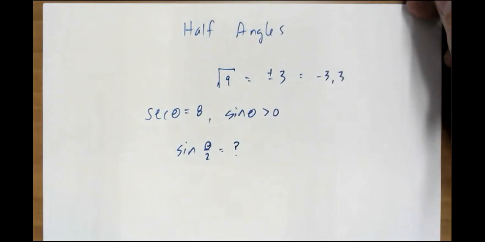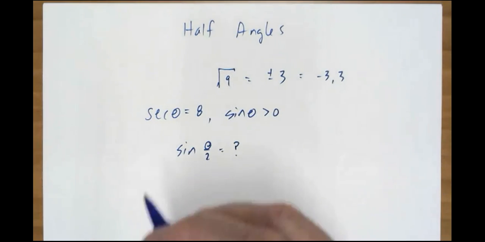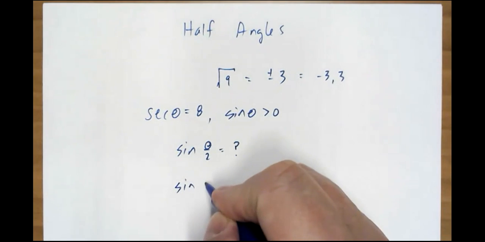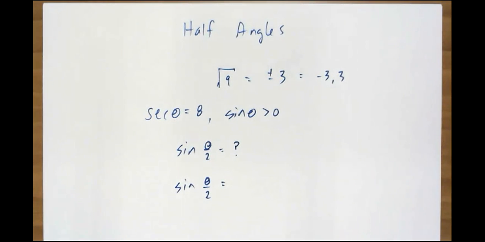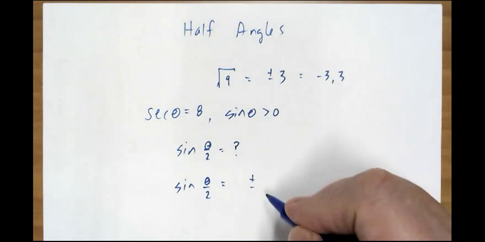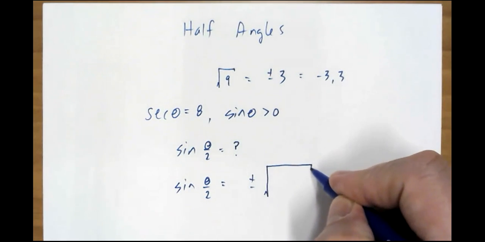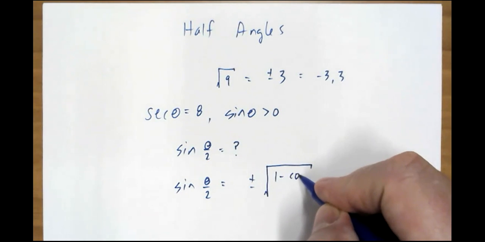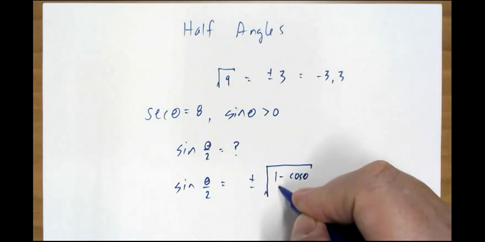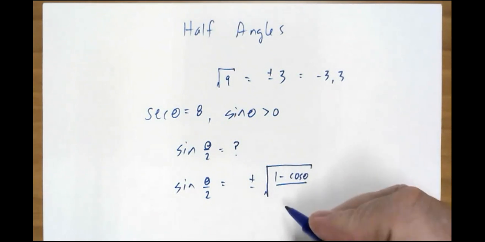We want to know the sine of theta over 2. Let me write down here the formula for the sine of the half angle from this formula sheet, and it is plus or minus the square root of 1 minus cosine theta over 2.